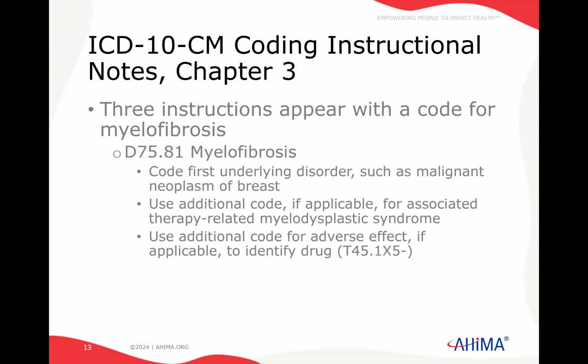Likewise, myelofibrosis, the D75.81, we would code first the underlying disorder, such as breast cancer. We'd use an additional code, if applicable, for associated therapy, myelodysplastic syndrome, and then we use an additional code for the adverse effects, if that applies.